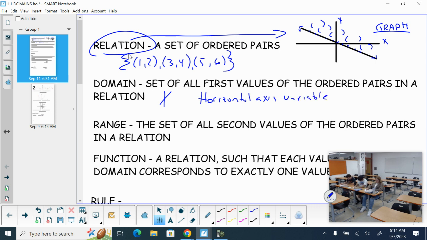Whatever your horizontal axis is, that is your domain value. And once again, algebraic world, we deal with x a lot. When you get into the scientific world and what we'll talk about in physics, there's going to be time here. There's going to be the horizontal graph.